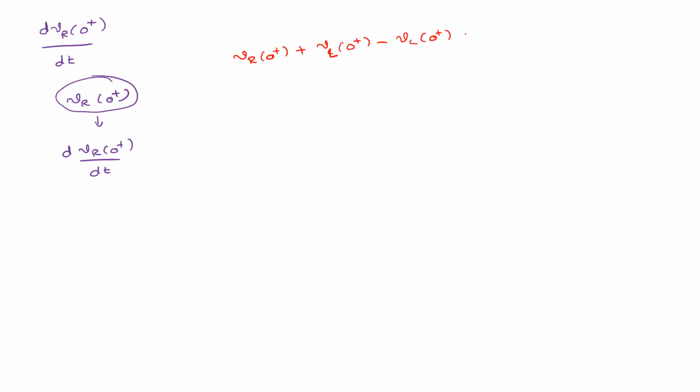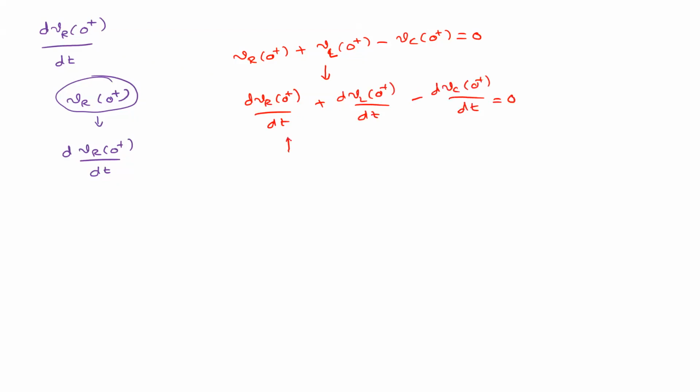This is the one, right? Agree? Is this correct? So this is the equation, right? So if you differentiate this one, dVr of 0 plus by dt plus dVl of 0 plus by dt minus dVc of 0 plus by dt equal to 0.